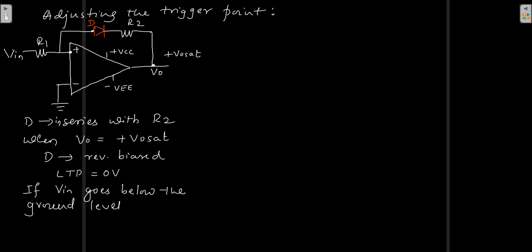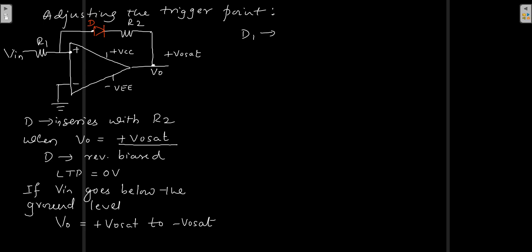If the input goes below ground level, V naught switches from plus V naught sat to minus V naught sat. That is why I started from this particular condition. Obviously, now what happens to the diode?